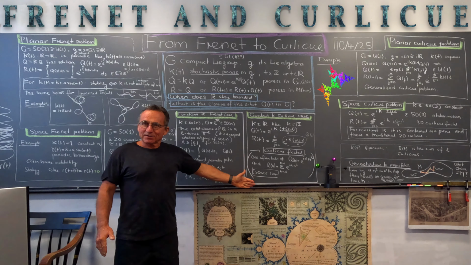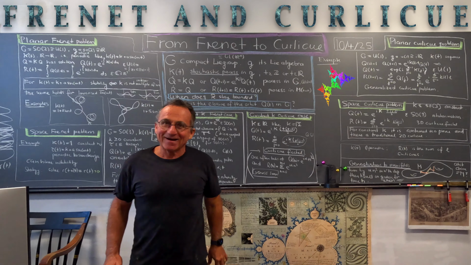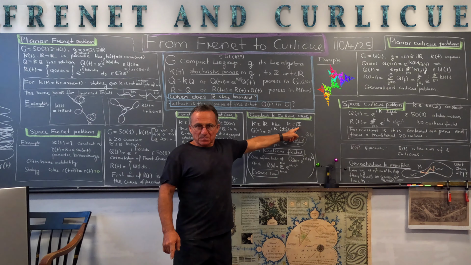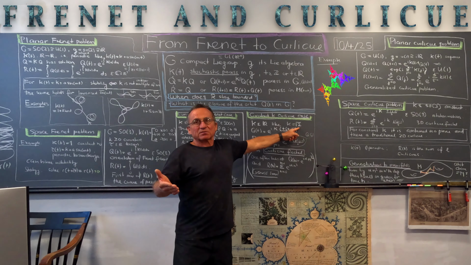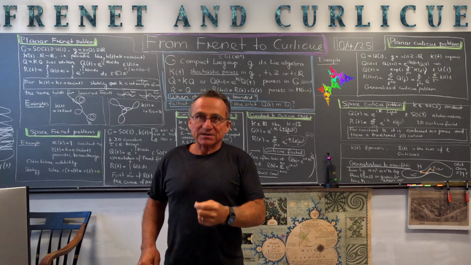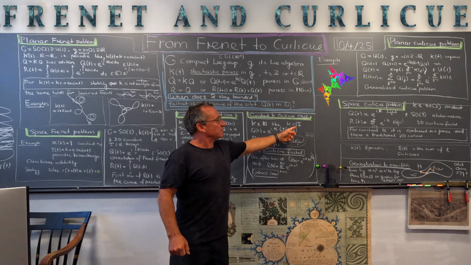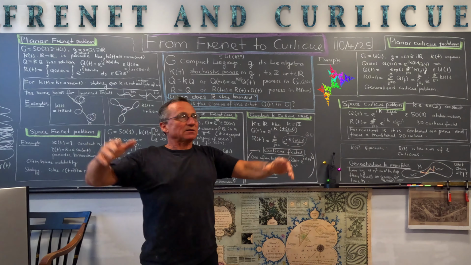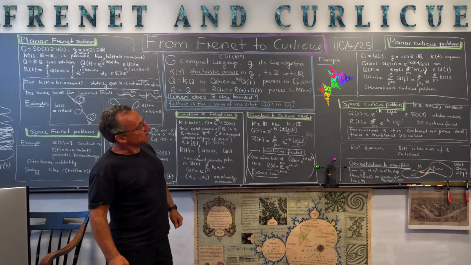Constant curvature in the Curlicue case is hard, depends on the Diophantine properties or arithmetic properties of this constant. Like for the golden mean, you get the self-similar fractal. It has been studied.